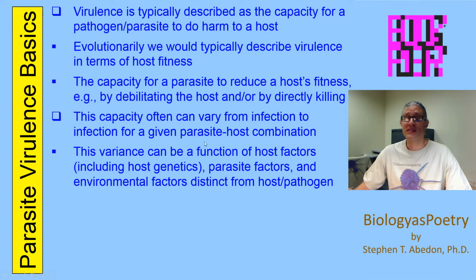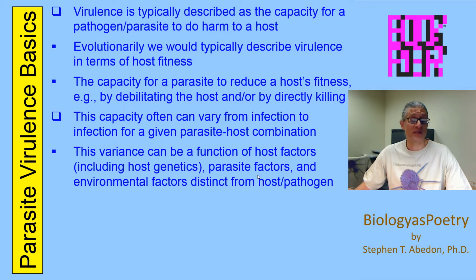So this variance can be a function of host factors, including host genetics. It can be a function of parasite factors, including parasite genetics. And it also can be a function of environmental factors, things that are outside of the host-pathogen interactions. But together, these factors give rise to some level of virulence that's seen on a per-infection basis.